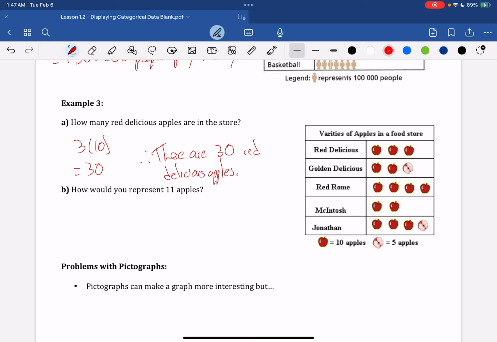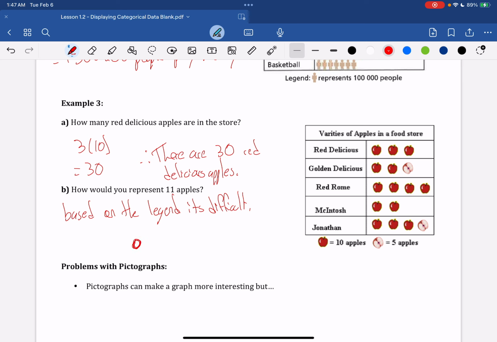One of the problems comes to light here. What happens if we want to represent 11 apples at the store? That's a little bit difficult based on the legend, or we could think of that as the images chosen, however you want to describe it, it's difficult. But we could try and give it a go.